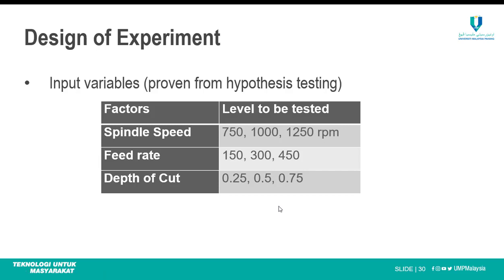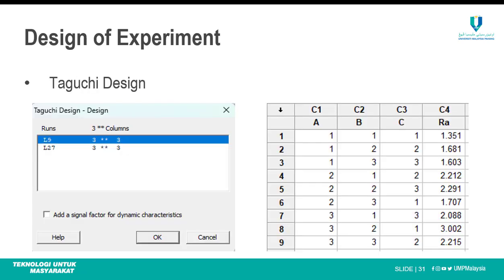Okay, so for design of experiment, as I mentioned, we can use any suitable type of DOE. For example, in this one, we utilize Taguchi design with L9 orthogonal array.